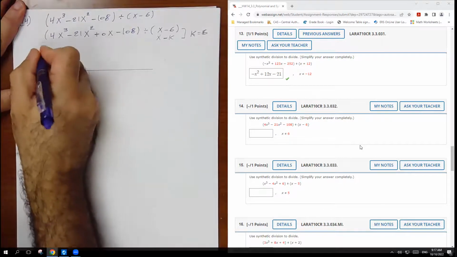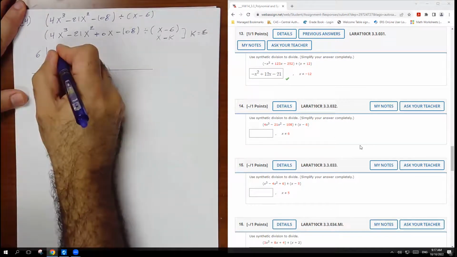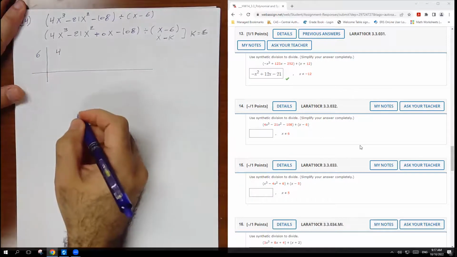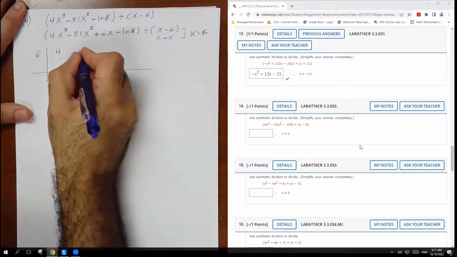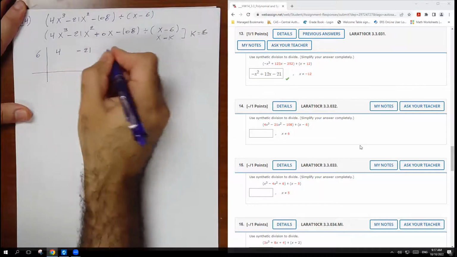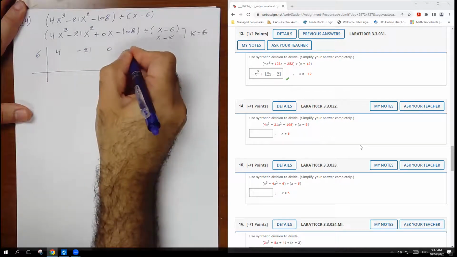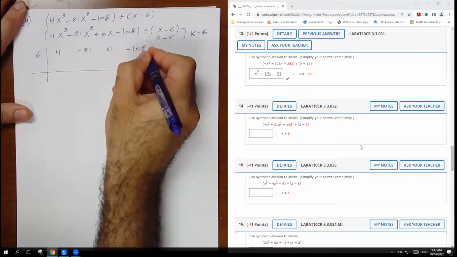Write down the coefficients here, 4 and negative 21 and 0 and negative 108.